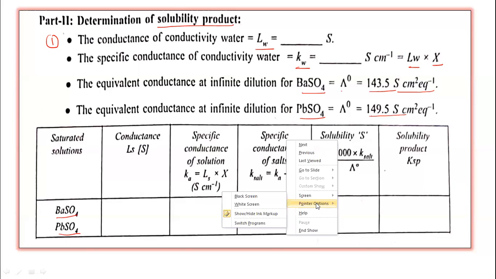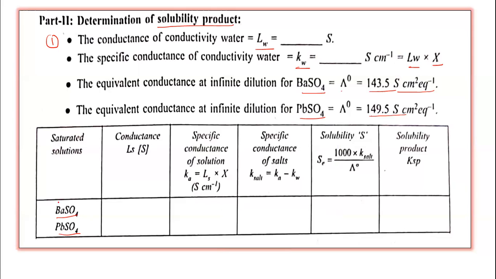Then the solubility S is equal to 1000 into K of the salt divided by the equivalent conductance at infinite dilution, and finally the solubility product. In this way, we can determine the solubility product of the sparingly soluble salt.